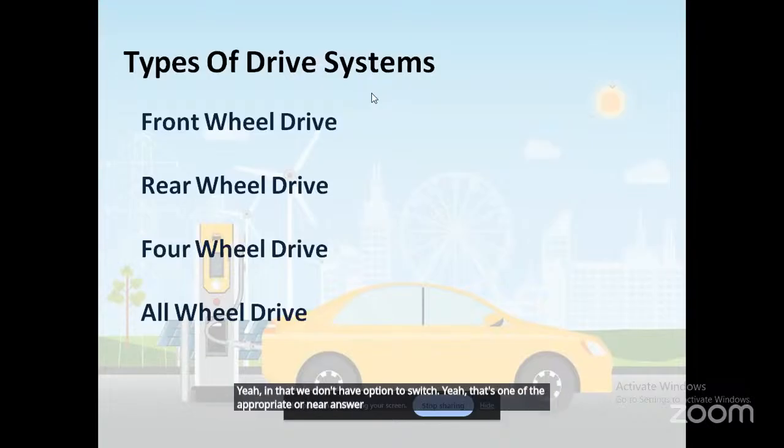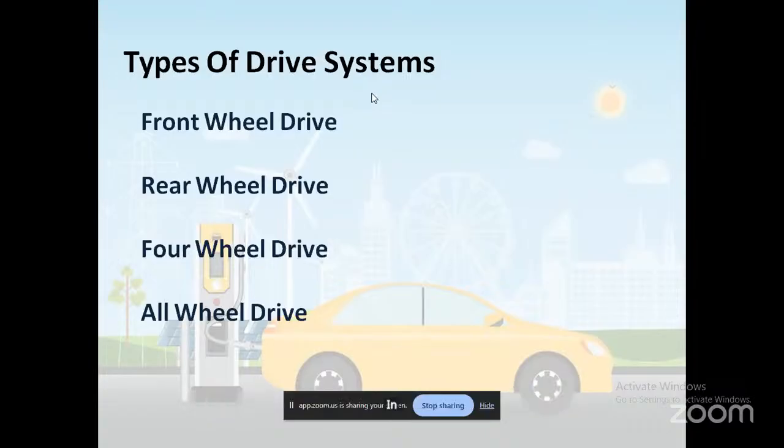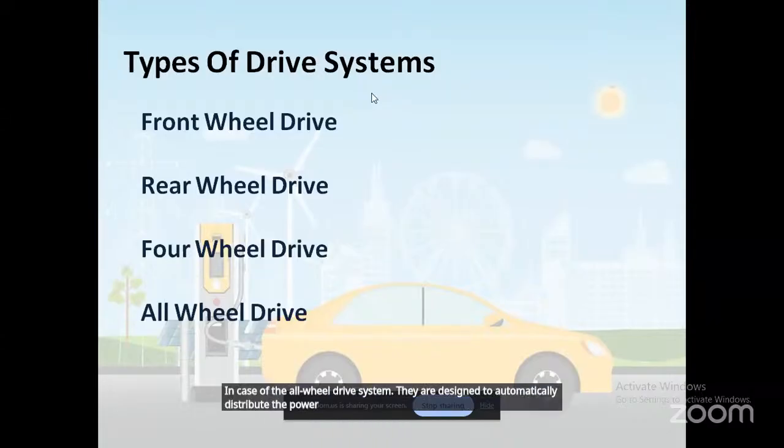So whenever we come to all-wheel drive systems, they are designed to automatically distribute the power to all four wheels. Typically they have the ability to switch the power between the front and rear axle whenever needed.